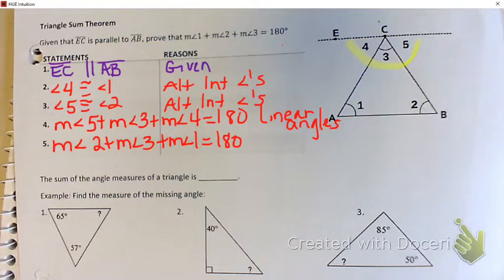Now, why can I do what I just did? What's it called that makes me be able to put in a 1 for the 4 and a 2 for the 5? Starts with the S. Substitution.